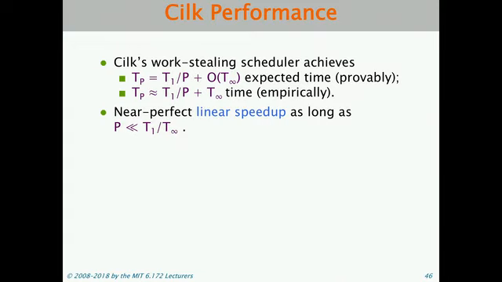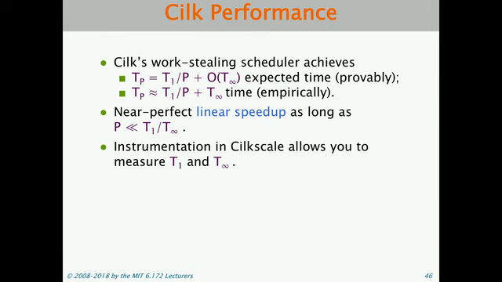Therefore, we can get near perfect linear speedup as long as the number of processors is much less than T1 over T infinity, the maximum parallelism. And as I said earlier, the instrumentation in Cilkscale will allow you to measure the work and span terms so that you can figure out how much parallelism is in your program. Any questions?